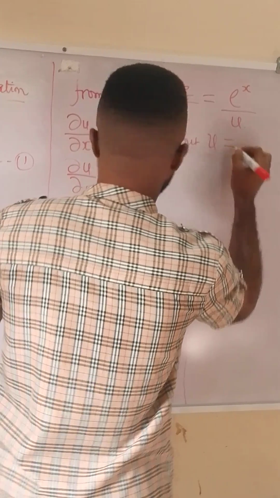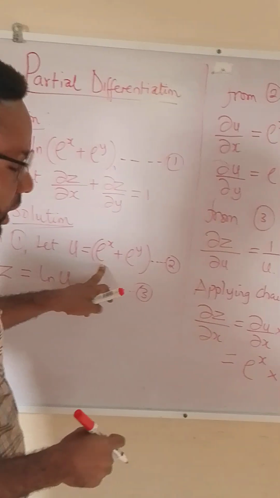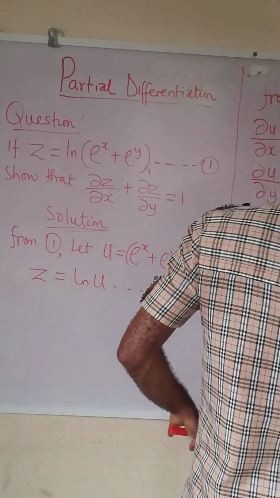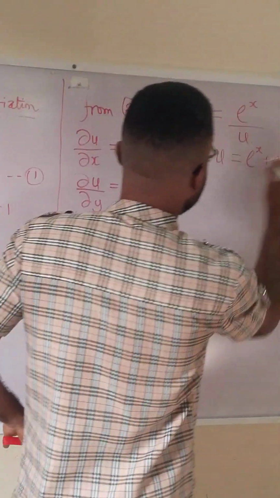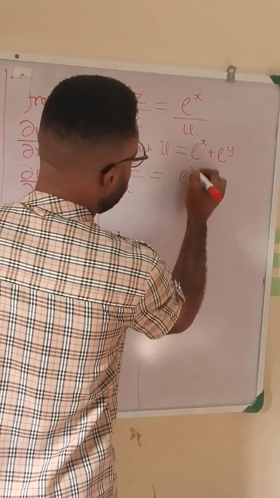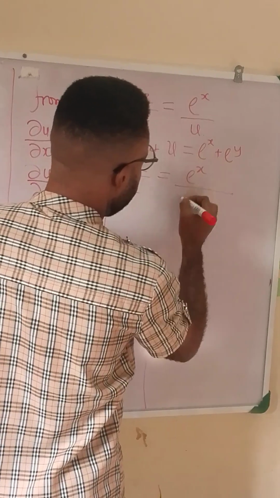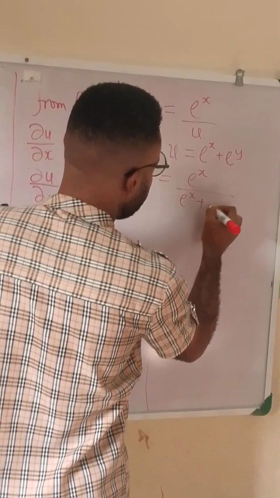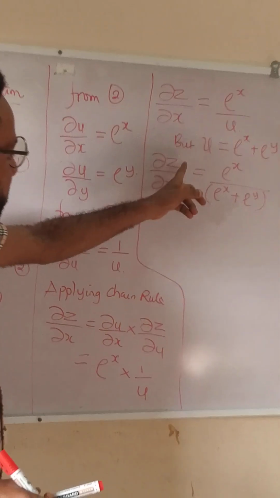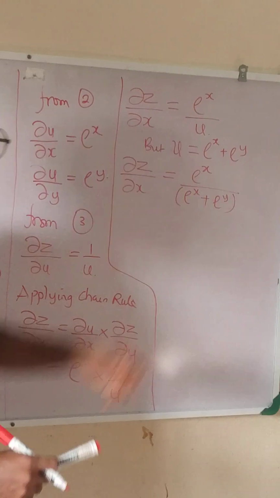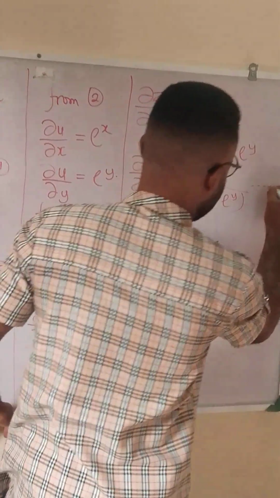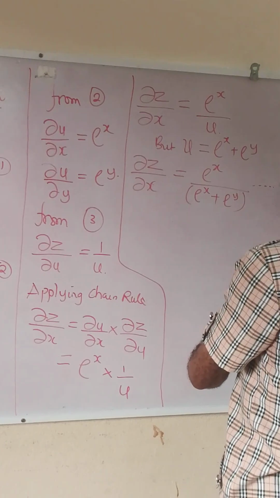But our u from our mathematical statement was equal to e^x + e^y. So this will be e^x over e^x + e^y. So the partial derivative of z with respect to x is e^x over e^x + e^y. We can call this our equation 4.